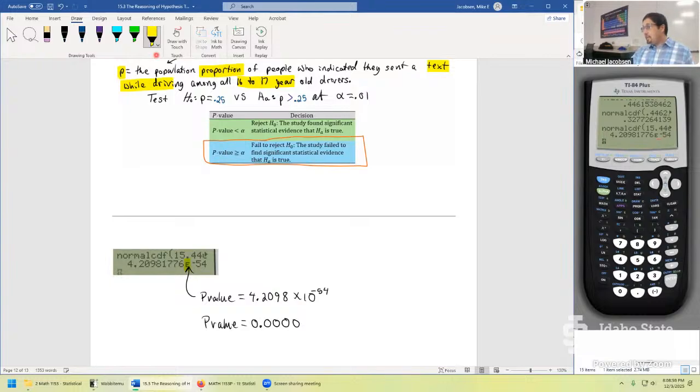E is a base 10, and then they give you the exponent, negative 54. In either case, no matter what your alpha level is, 0.01, 0.001 is kind of rare, but even in that case, this is going to be less than alpha, so we will reject H naught. In that case, it's almost guaranteed whenever you get scientific notation.